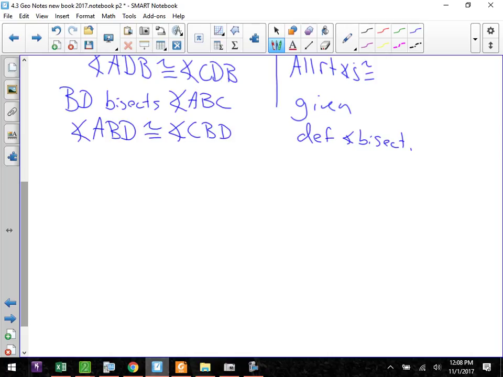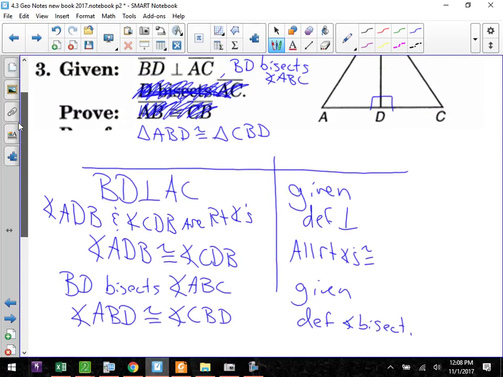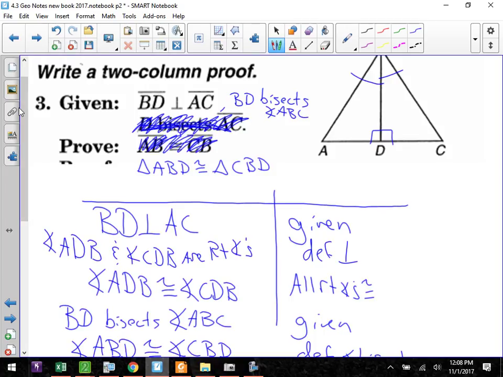So now we start thinking about what do we have left to show. According to our diagram, we have two consecutive angles right now. We have an angle and an angle, which means we have to find a side after the two angles, or we have to find an angle, a side between them.